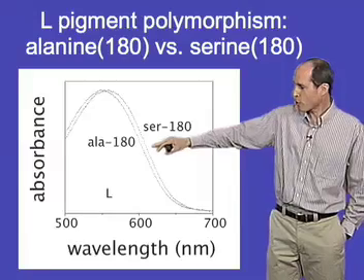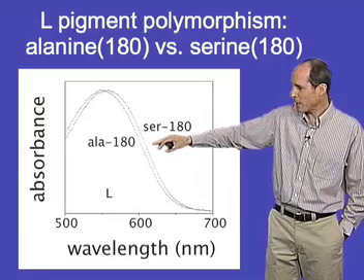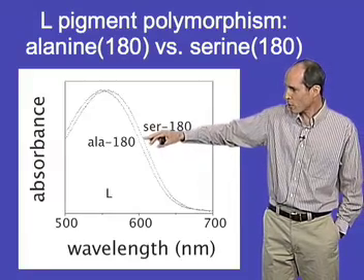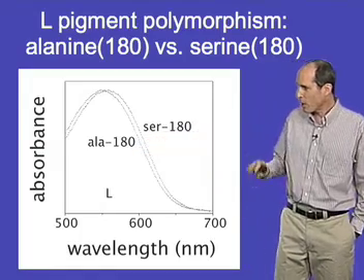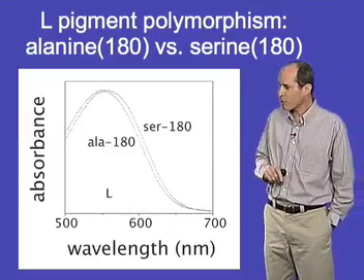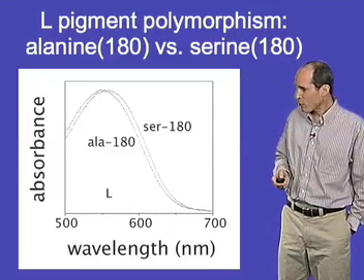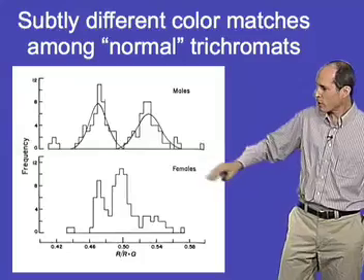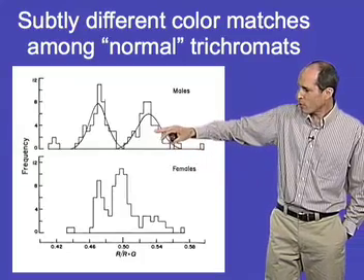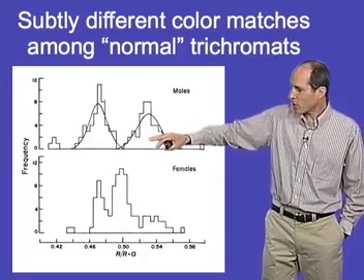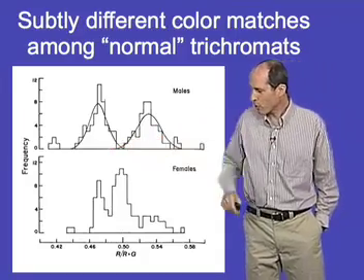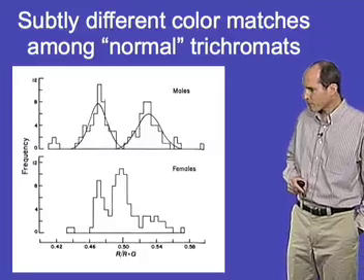So the serine version, the one that has serine at position 180, is a little bit redshifted, that's this upper curve, compared to the absorbance spectrum of the alanine at position 180. This is a 4 or 5 nanometer shift, and it precisely accounts for this variation in spectral sensitivity between individuals who have either the alanine version or the serine version of the L pigment.